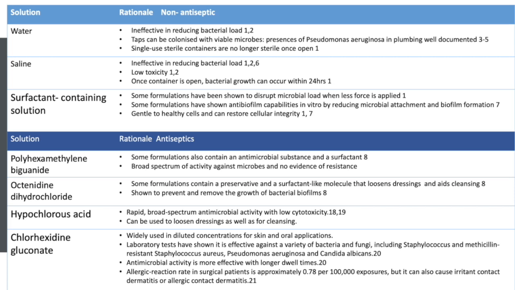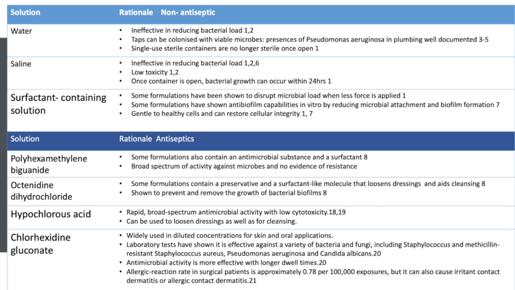So some of the antiseptics I've listed here. The polymethylene biguanide does have antimicrobial properties, and it is a surfactant antiseptic. The octenidine, again, is a surfactant antiseptic with known bactericidal activity.